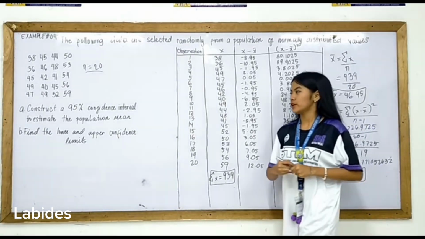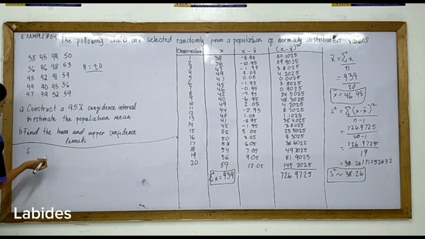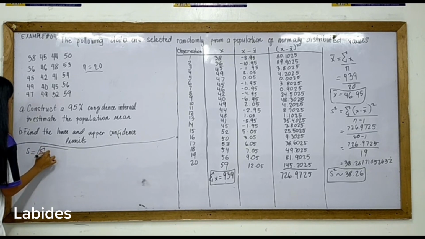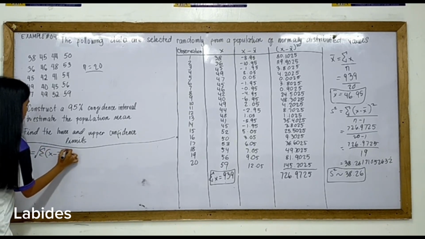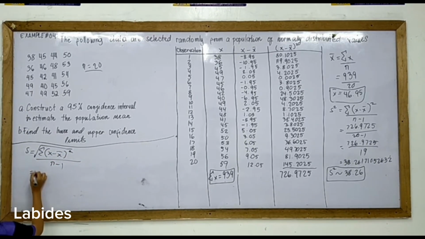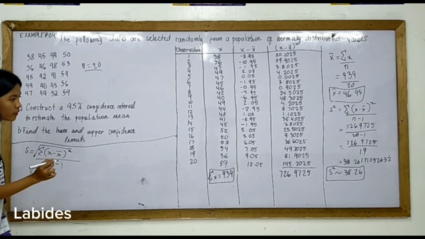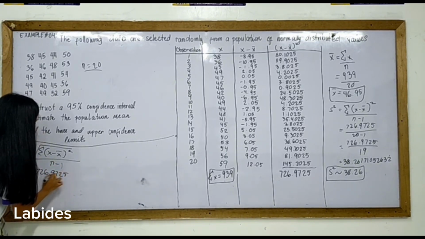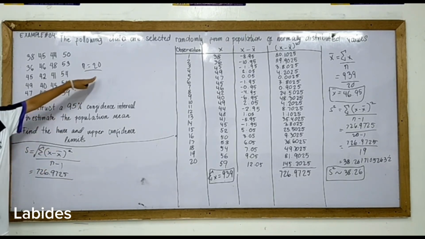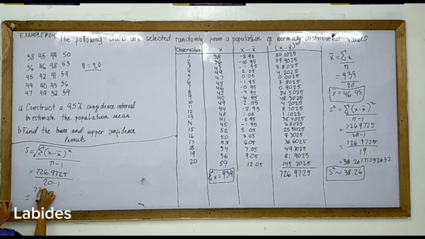So next, we're going to solve for the sample standard deviation using the formula, square root of the summation of x minus the sample mean squared over the sample size minus 1. That gives us 726.975 over 19.